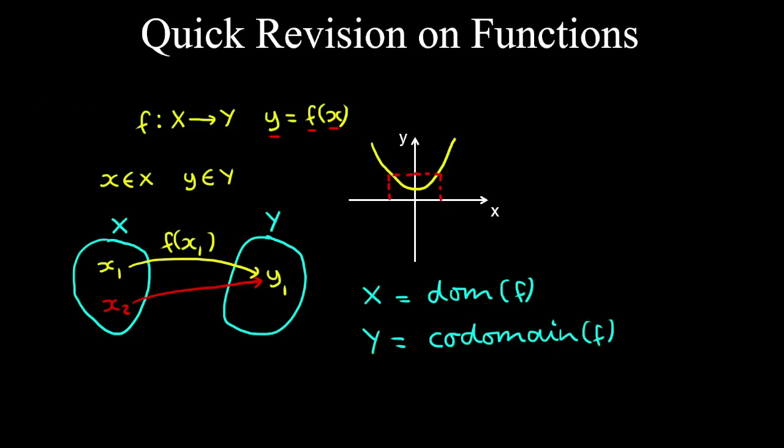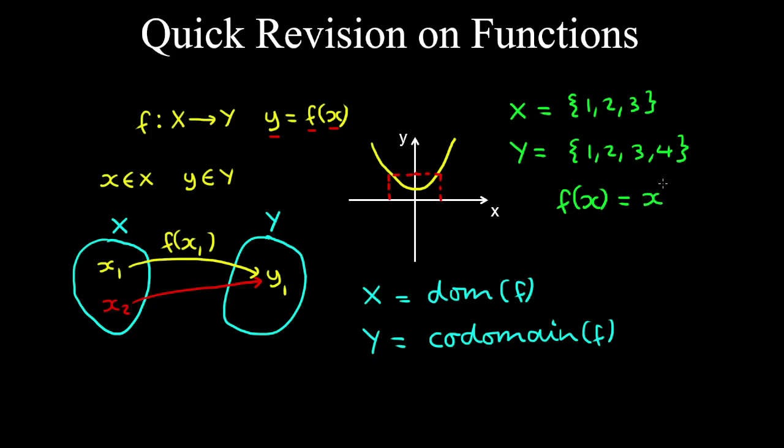So for example, if we had a set X having elements 1, 2, and 3, and set Y has elements 1 to 4, and our rule f of x is equal to x squared.